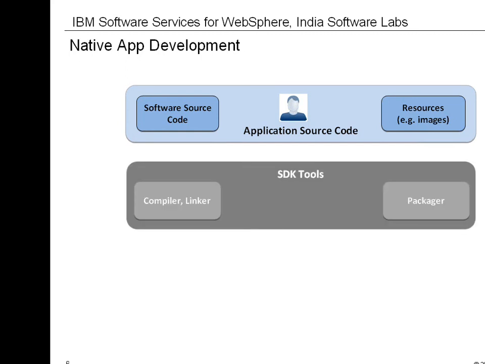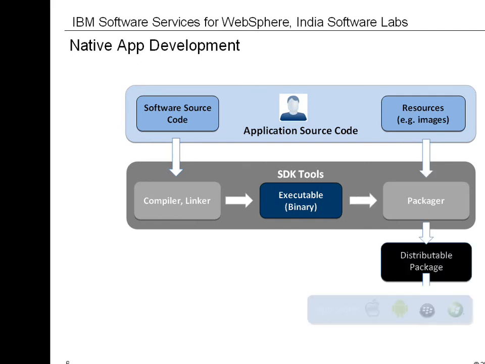They then use the tools provided by the operating system vendor to compile the source code and sometimes also link it, in order to create an executable in the binary format, and then package that binary executable together with the resources of the application in order to obtain a package that can be distributed to the mobile devices through app stores or any other means.